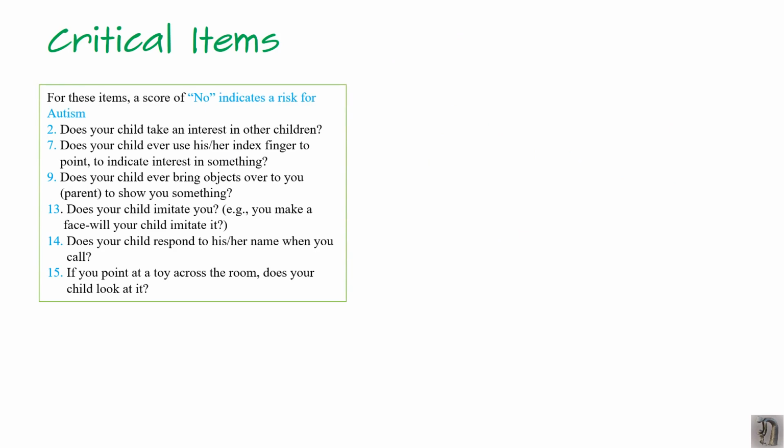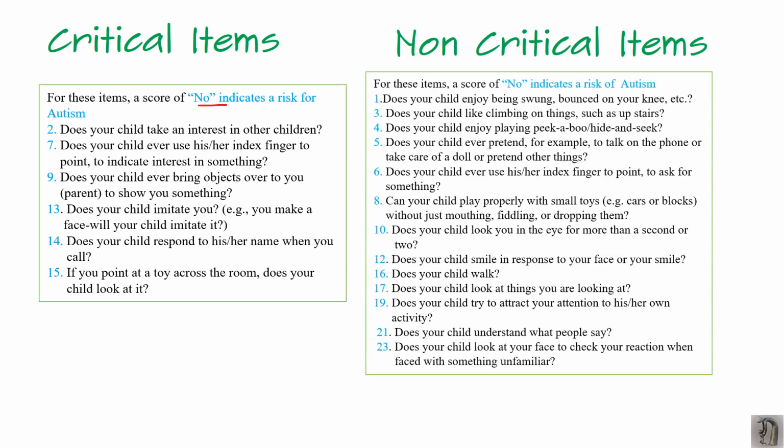So let us discuss the critical items. For example, if the item is scored no, it indicates a risk for autism. That means if items number 2, 7, 9, 13, 14, 15 of that checklist are marked no, the child is at risk. For the non-critical items, if the item is scored no, it also indicates a risk.